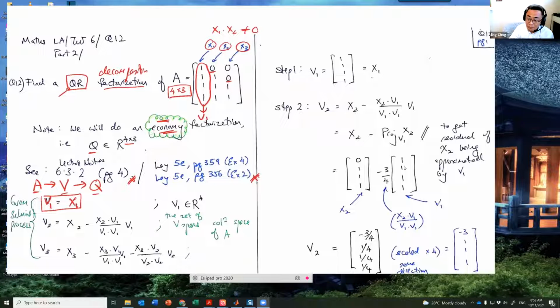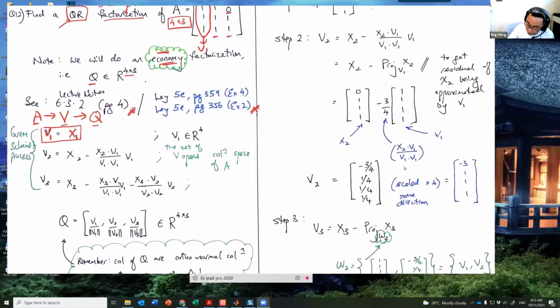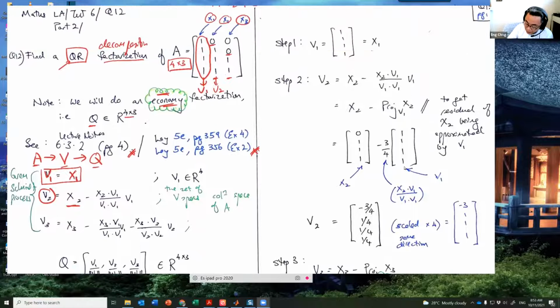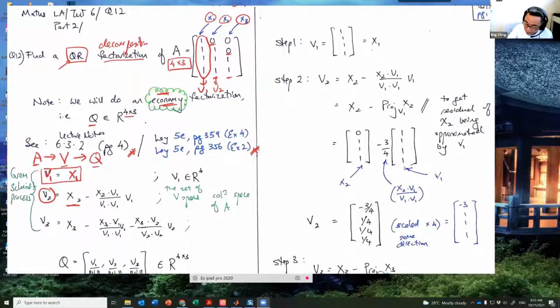That's it. Now what about the second guy? What about the third guy? So how do I go to V2? V2 is x2, the input. Now I'm going to use green. This column is going to be used and subtracted with this thing. What is this thing?